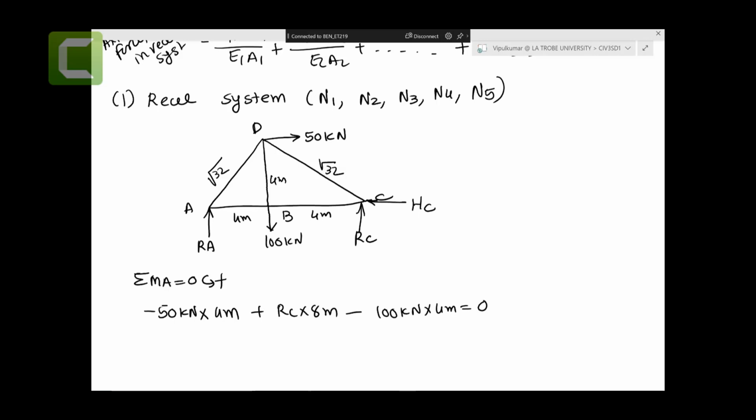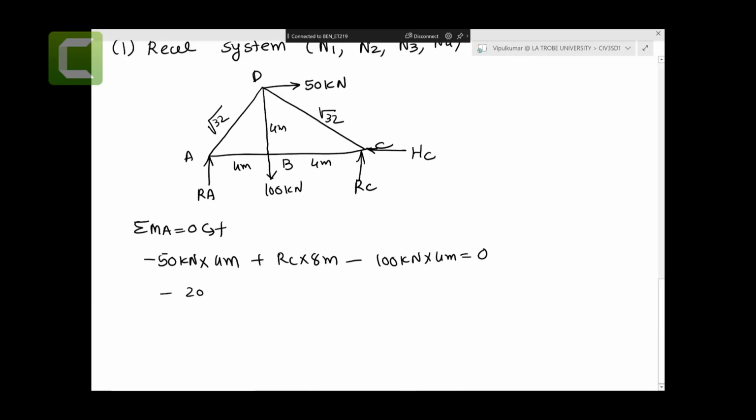So minus 200 kilonewton meters minus 400 kilonewton meters plus RC times 8 meters equals 0. So RC equals 800 kilonewton meters over 8 meters equals 100 kilonewtons.